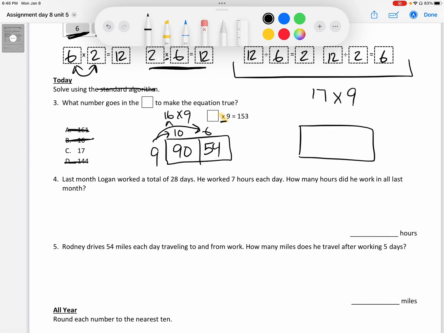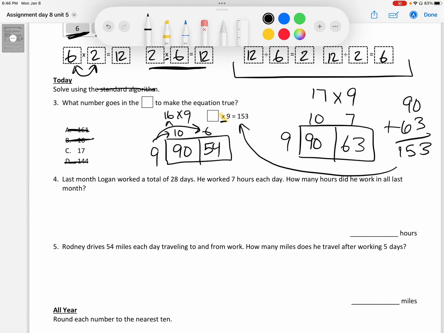Step 1, decompose 17 into the 10s and the 1s, and then move this 9 over to the side. 9 times 10 is going to be 90. 9 times 7 is 63, and if we add that together, we come up with 153, which is the answer we were looking for. So the correct answer here is C.